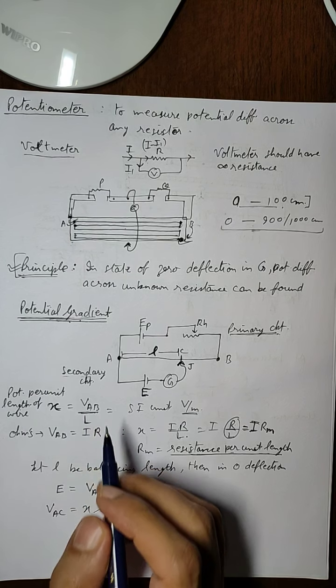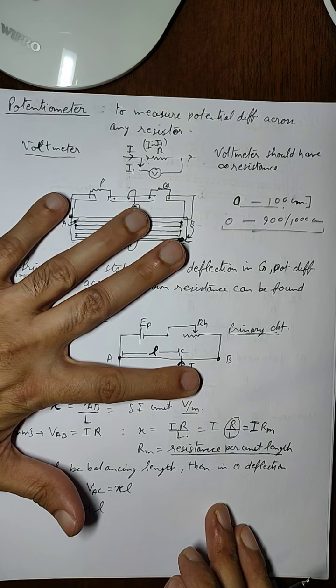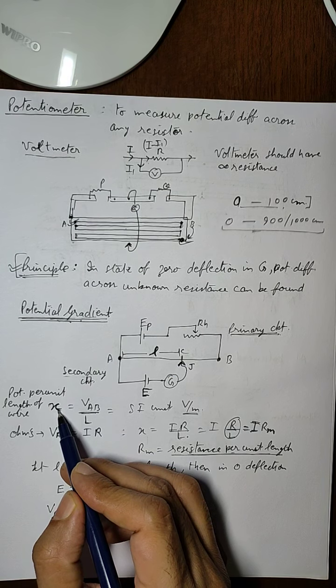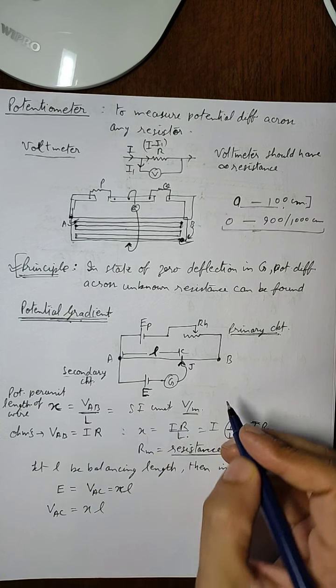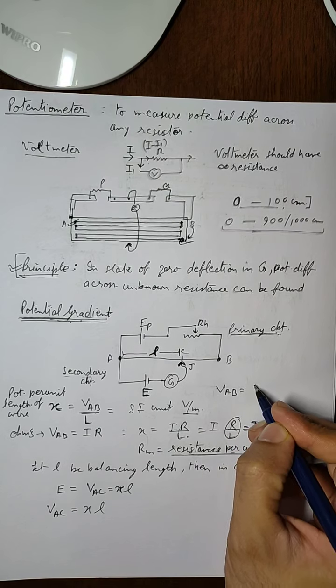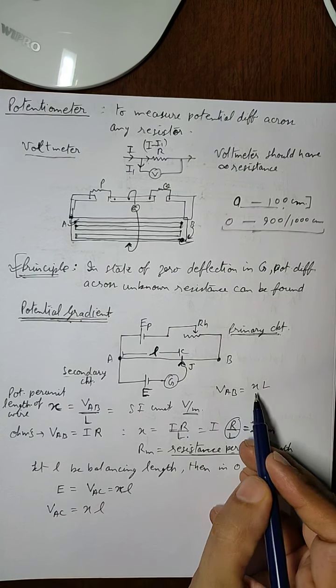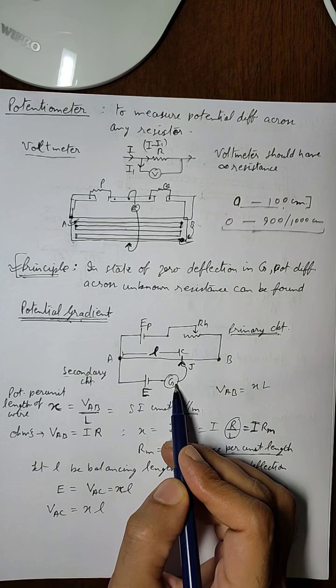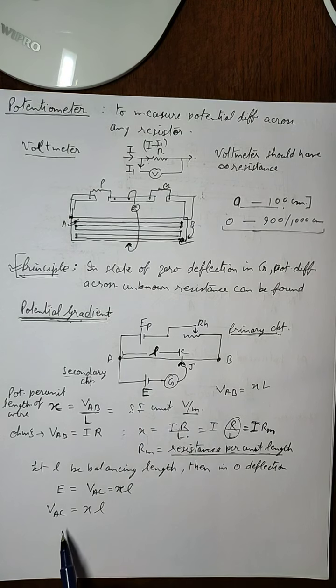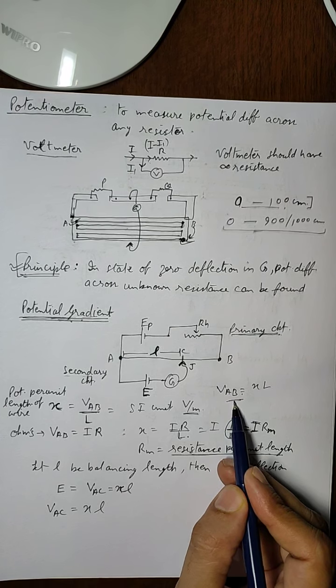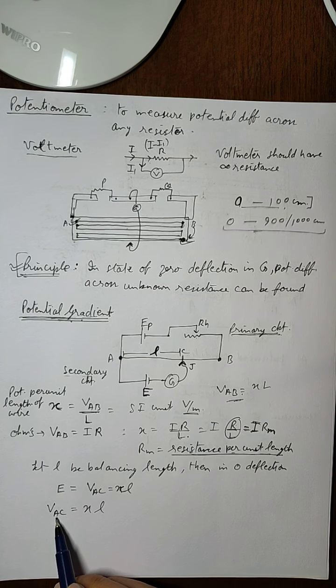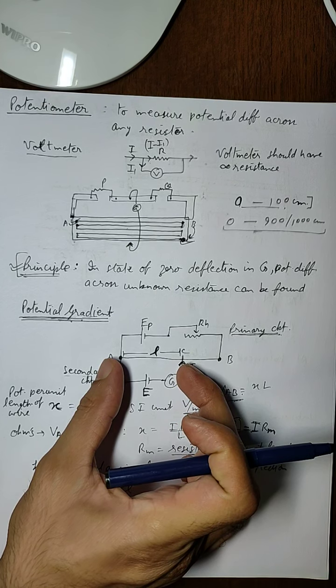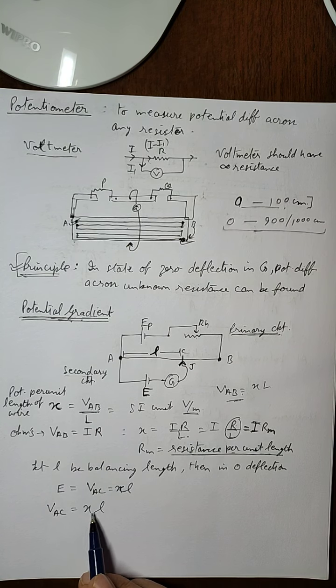Just like here, before the secondary circuit was connected, X was VAB upon L, or VAB was XL. Now when the galvanometer is showing zero deflection and the length is l, then on the same lines, instead of VAB we have VAC, the potential drop across these 2 points, and it will be equal to X into l.